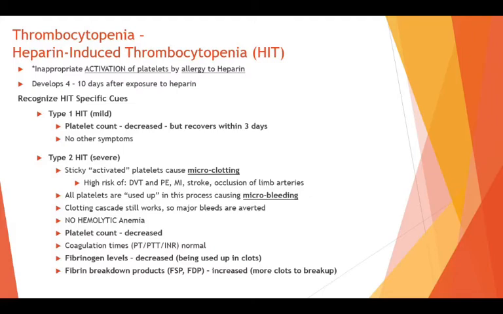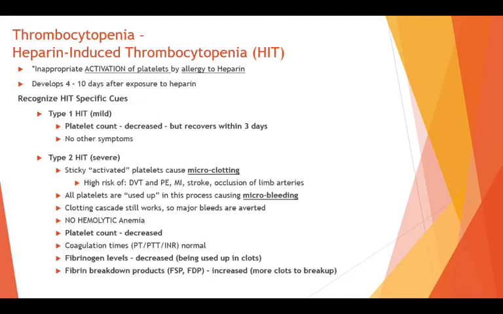If you've had heparin in the previous week and you are coming up with TTP symptoms, which is microclotting and microbleeding, they will call it heparin-induced thrombocytopenia and say you have an allergy to heparin. The only difference from this to TTP is that there's no hemolytic anemia that goes along with it, so you don't need to worry about the aggressive hydration and organ failure, but they still do. The platelets get used up, cause microbleeding, and the sticky platelets that are activated do cause microclotting.